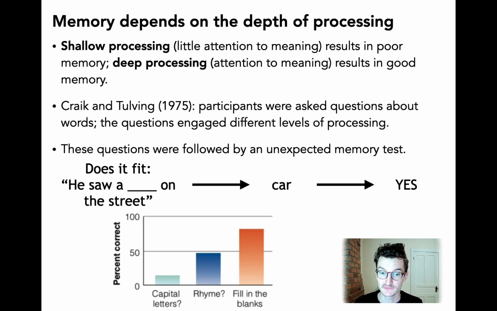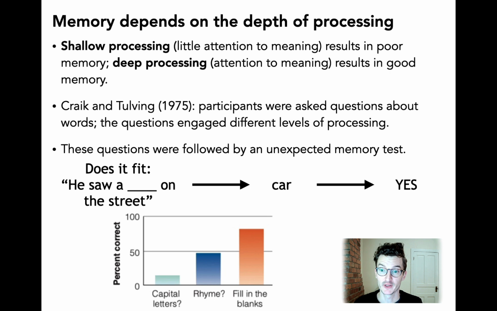Finally, we get to this case where participants had to think about what words mean. So they're shown a word like car, and they're asked, does it fit into this sentence? He saw a blank on the street. The answer is yes. But the key here is that they have to think about what the word means. This is deep processing.